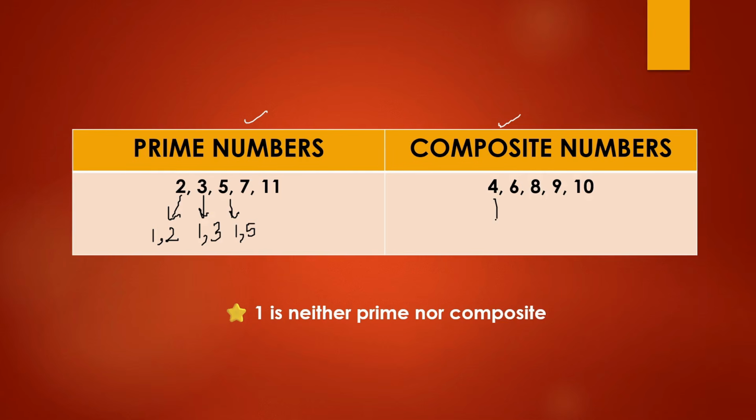For example, for 4, the factors would be 1, 2, and 4. For 6, it would be 1, 2, 3, and 6. And similarly for 8, 9, and 10. We have to note that 1 is neither a prime number nor a composite number. Also, the smallest even prime number is 2.